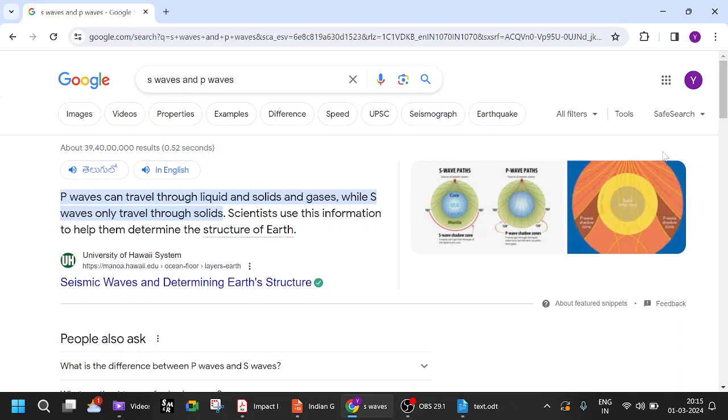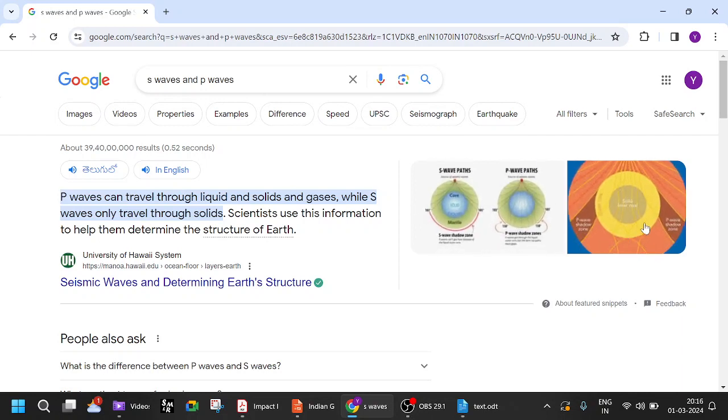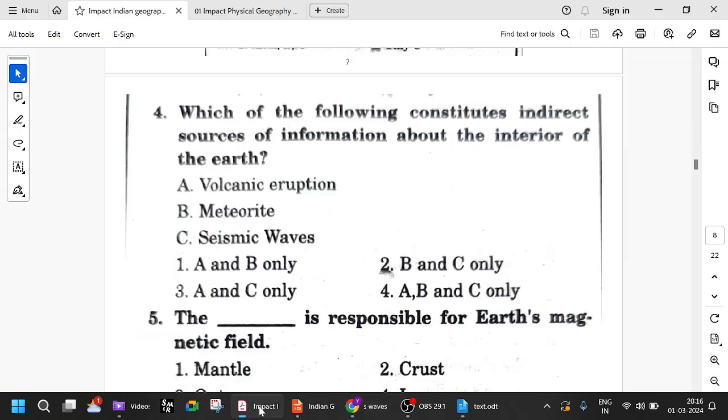So what happens is when they send the waves, the waves are getting deflected. With that they are able to identify that the inside of the earth contains a combination: the innermost is solid, then the outer core is liquid, and then you have solid mantle. So they were able to identify all that because of these P waves and S waves.